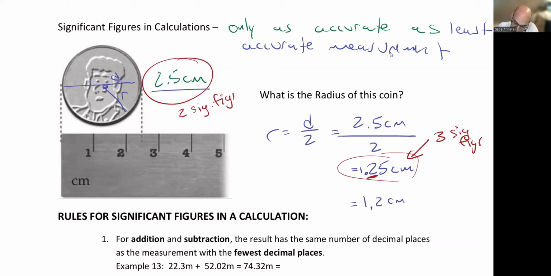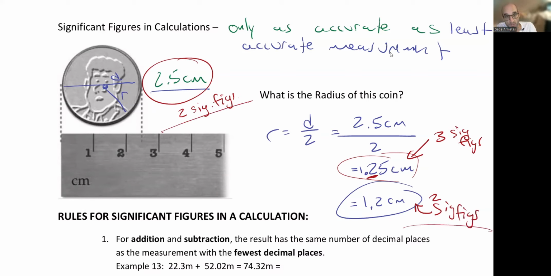So we keep it the same. Look back at the previous lecture if you don't remember this. But now my number has 2 sig figs. That's good. My original measurement had 2 sig figs, and after doing some math, I have 2 sig figs. We're happy with that. We're not allowed to add significant figures by just performing some math on it.